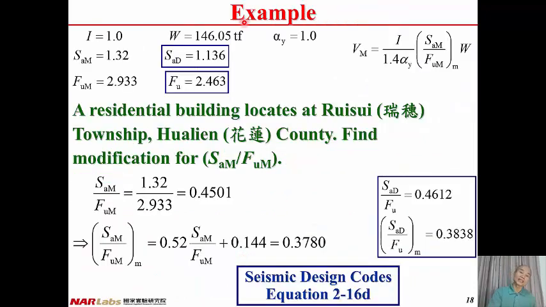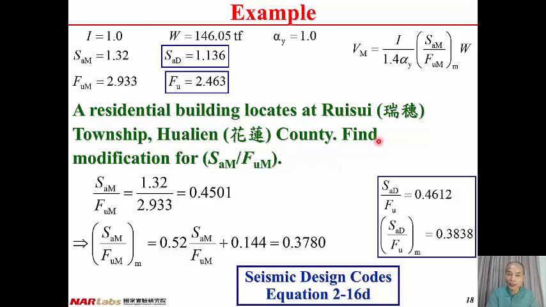And here, back to the example. So far, we have I, importance factor, total weight of the structure, first yielding amplification factor, maximum considered spectral acceleration, and maximum considered seismic force reduction factor. And a residential building located at Ruishui Township, Hualien County.